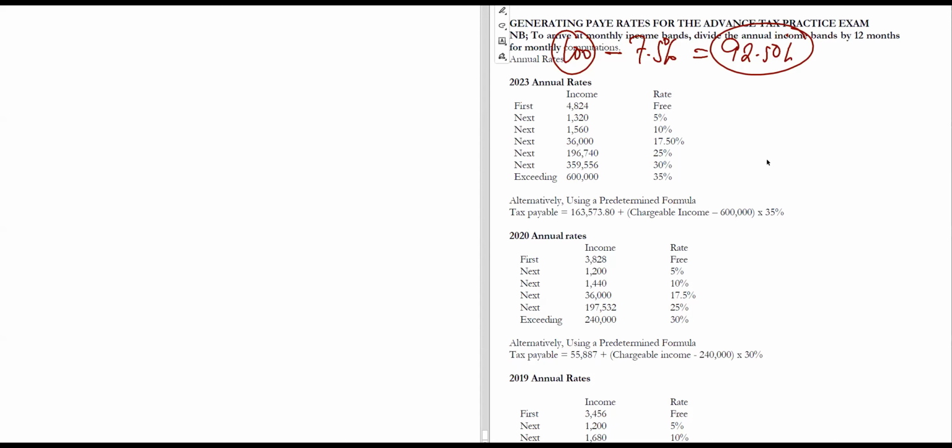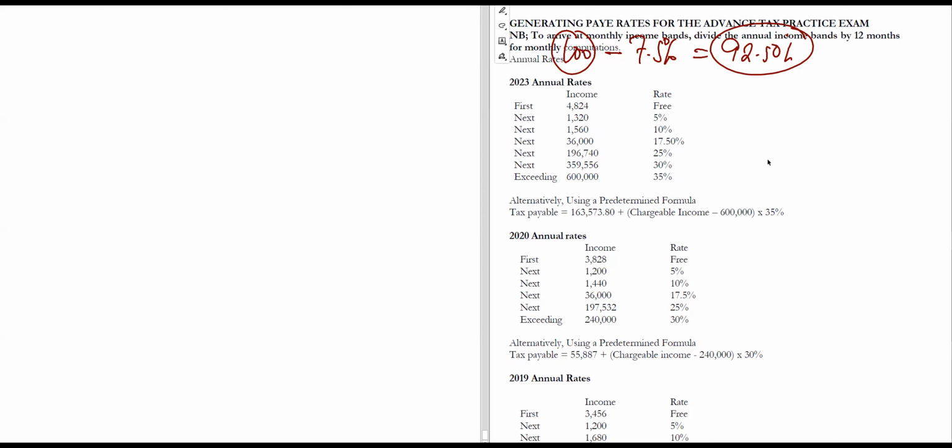Okay. And the personal reliefs, in ascertaining the chargeable income, the personal reliefs and the benefits in kind, are you supposed to use the rates that relate to the year of assessment in the question? Of course.